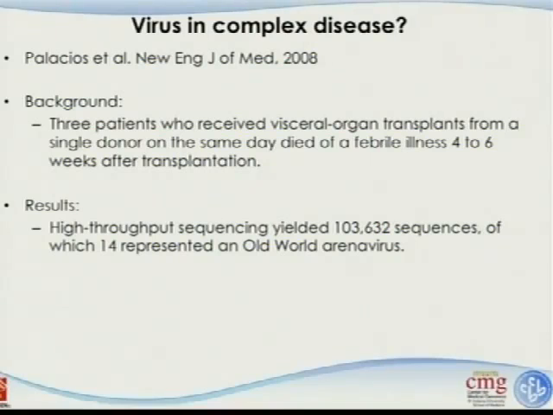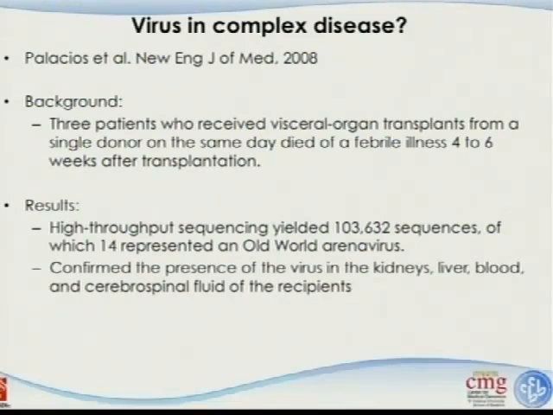But for this particular application, I suspect they used 454, because the number of sequences they used is remarkably low. It's only 104,000 sequences, but among these, they identified 14 that represent an Old World arenavirus.